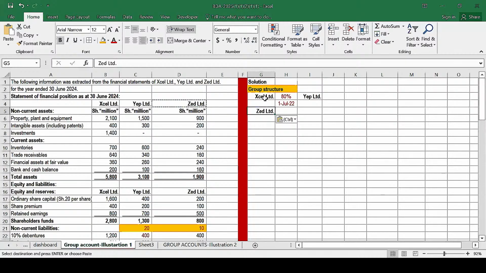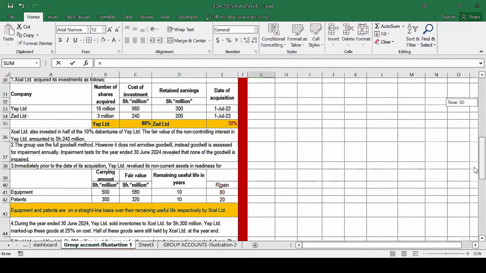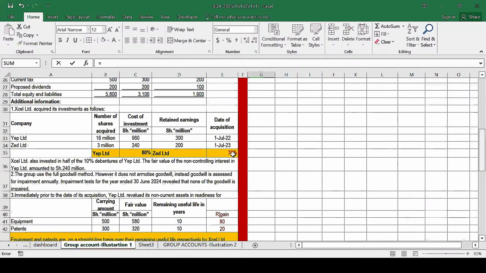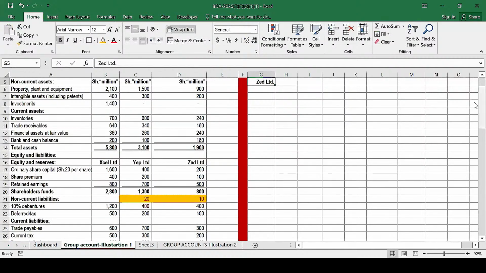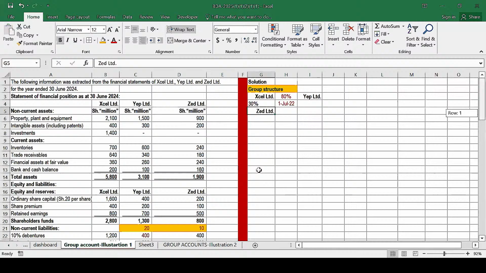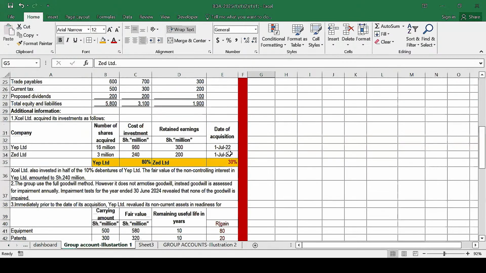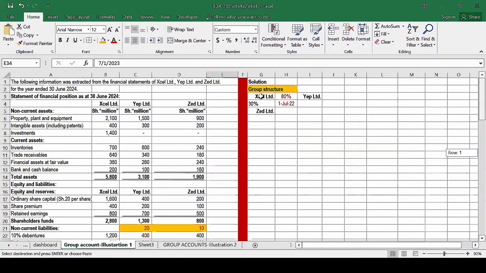As per the information which we have here, or the computation which we have done in note number 1, the parent company acquired 30% shareholding. Are we given the date of acquisition? Yes, this one here, 1st July 2023.